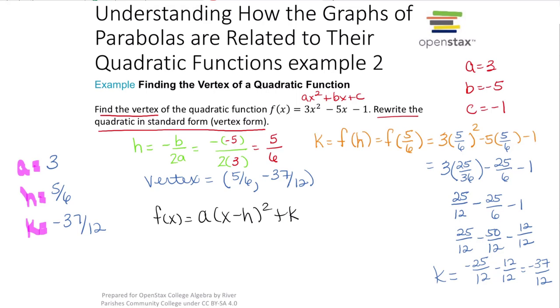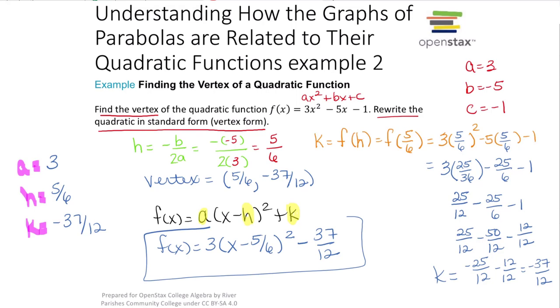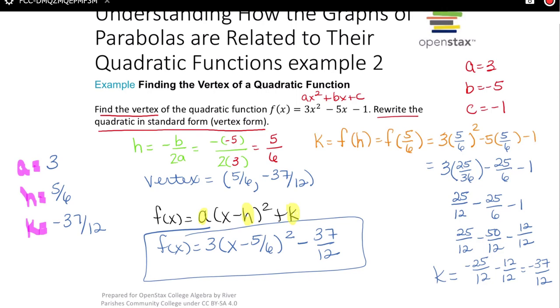Now we're just going to fill in these 3 pieces. So f of x is equal to 3 times the quantity x minus 5 over 6 squared, minus 37 over 12. Okay, we're going to stop here and we will pick up with part 3.